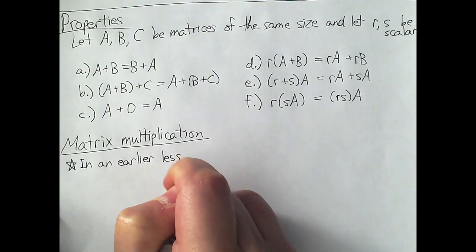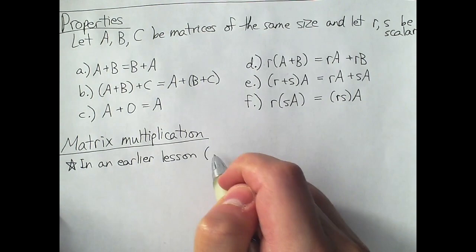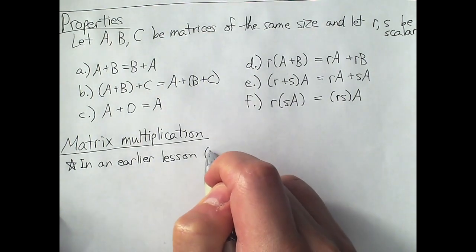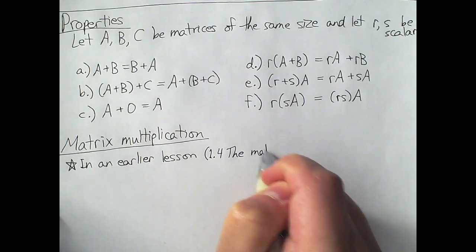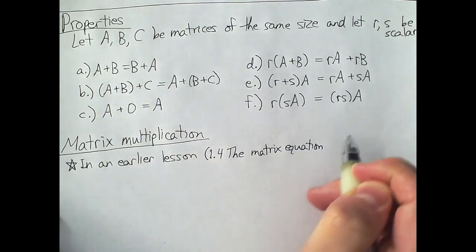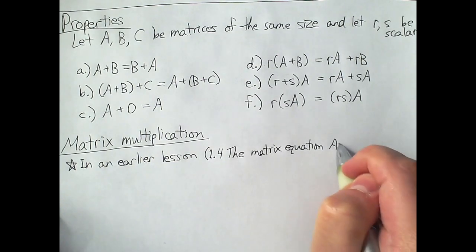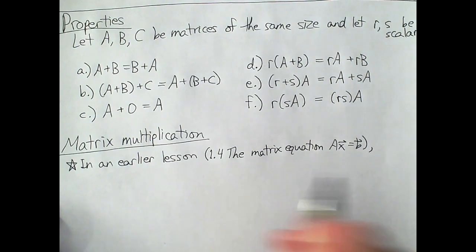In an earlier lesson, it was 1.4, the matrix equation Ax equals b.